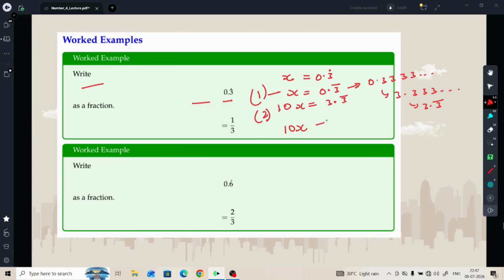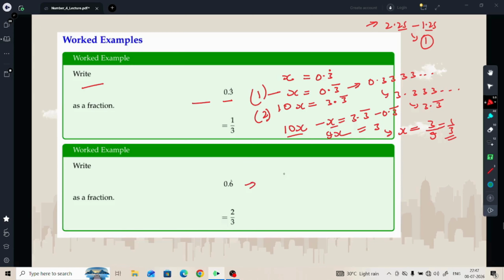So I'll be getting 10x minus x equals 3.3 bar minus 0.3 bar. If I'm having 2.25 minus 1.25, since the decimal part is same, I'll be left with only 1. Yes or no? Similar to that, 10x minus x is 9x, and 3.3 bar minus 0.3 bar will be 3 only. So x equals 3 by 9, that is 1 by 3.